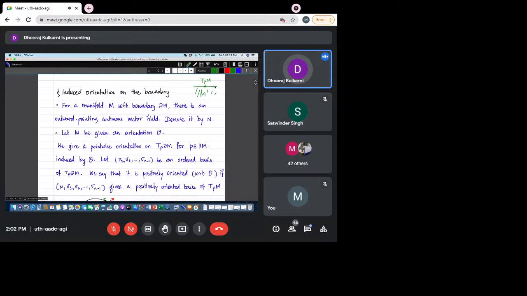Once we resolve this question, then the existence of an outward pointing continuous vector field is solved. Whichever definition of tangent vectors you have come across, you can take up and try to show that the dimension of T_pM whenever p belongs to the boundary is also equal to n. So I have a full tangent space at boundary points also for M.